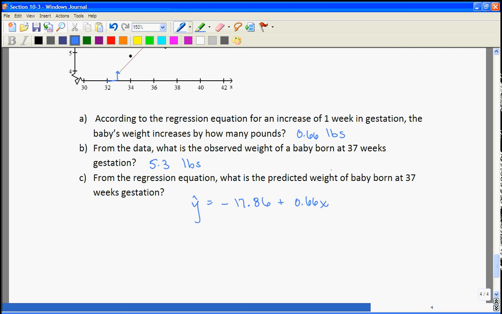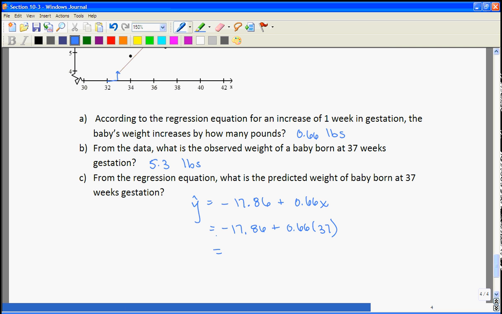Well, since that's the number of weeks, and that corresponds to the independent variable x, we'll plug that in. So negative 17.89 plus 0.66 times 37. And I'm thinking we should get somewhere in the ballpark of what we saw in the observed value. The observed value had a baby born at 37 weeks, 5.3 pounds.